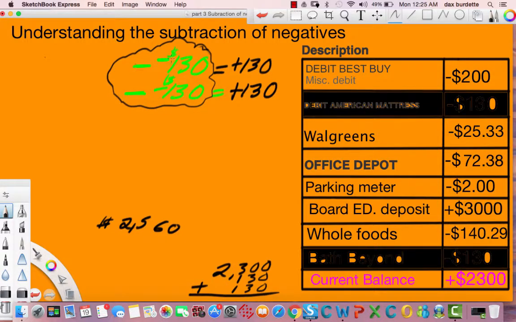They subtracted those negative transactions that were performed on my account. Or we could just say they subtracted the subtracted transactions off my account. Whichever way you all want to perceive it, either way it should make sense that plus 130 is what comes up.